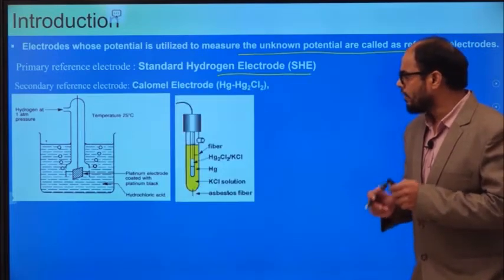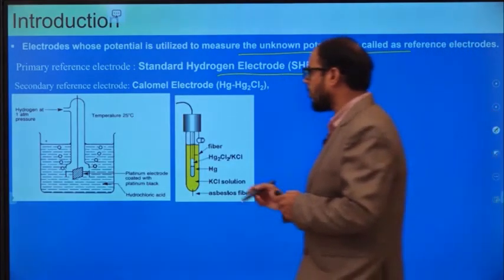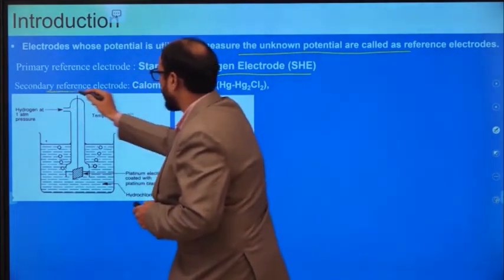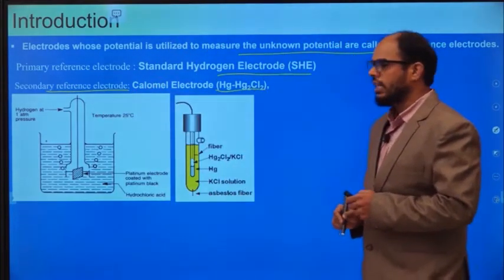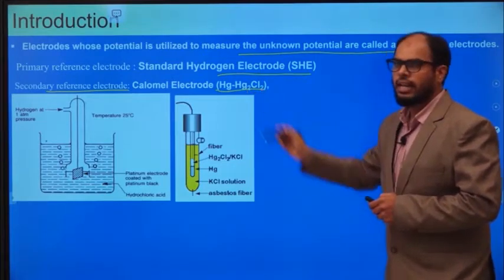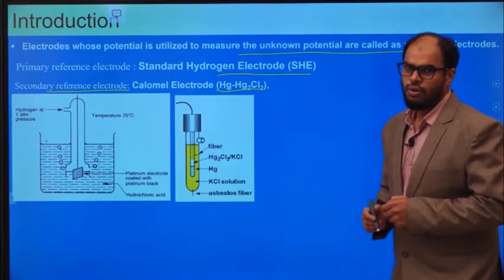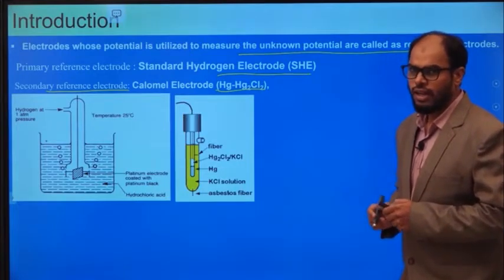And in this video lecture, we are going to talk about another category of reference electrode called the secondary reference electrode, which is the SCE, that is also called the Calomel electrode. And this Calomel electrode is another category of reference electrode. It is one of the categories of metal insoluble salt electrode.